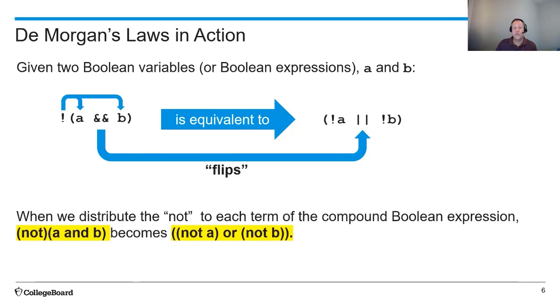We're saying that when we distribute the not to each term of this compound Boolean expression, not (A and B) becomes not A or not B. And these are equivalent no matter what A and B happen to be.